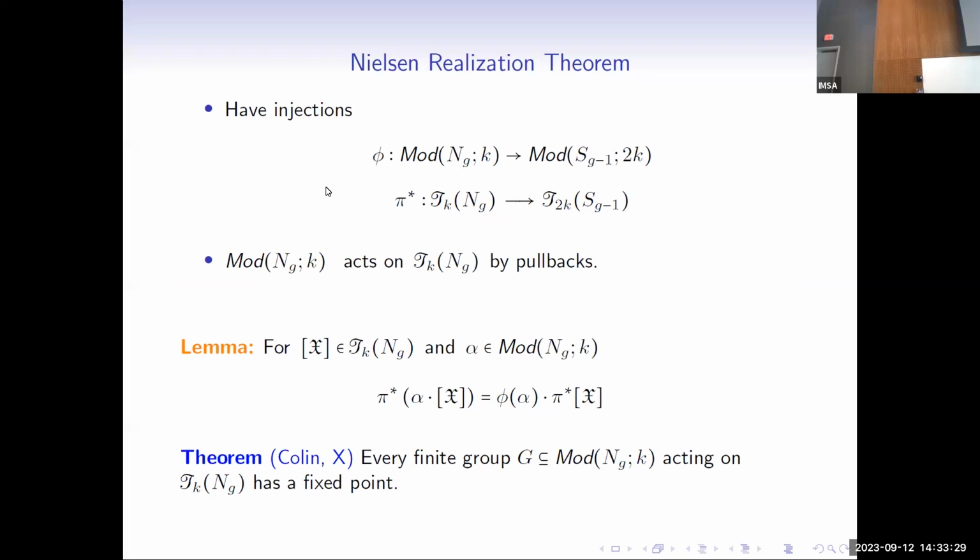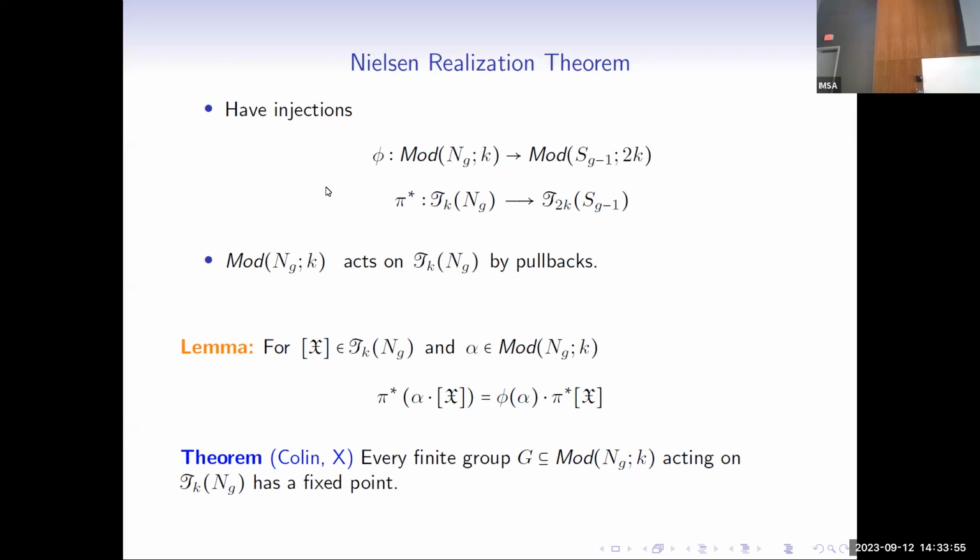So now, to show the Nielsen realization theorem, we know that we have two maps. We have an inclusion of the mapping class group of N_g into the mapping class group of S_{g-1} with double the number of marked points. And we have this mapping at the level of Teichmüller spaces.